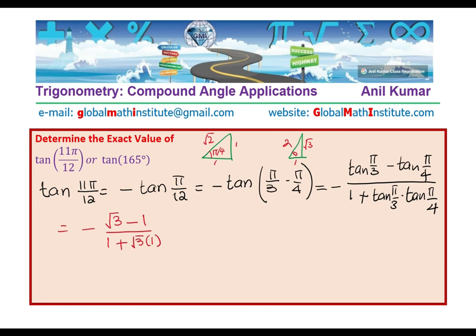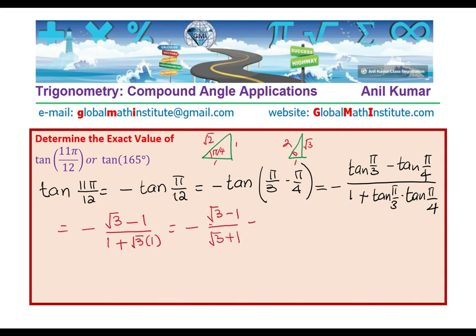Correct? So we get minus square root 3 minus 1 over 1 plus square root 3, you can also write square root 3 plus 1, right? You know, square root 3 is slightly bigger than 1, so I'm writing this before.